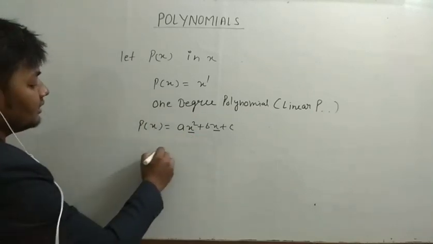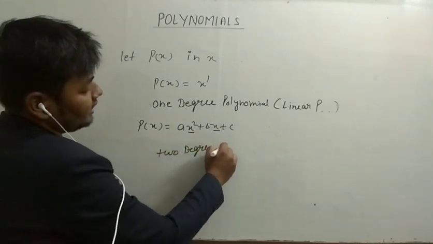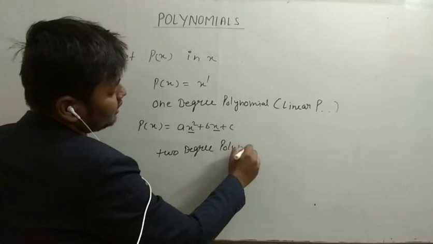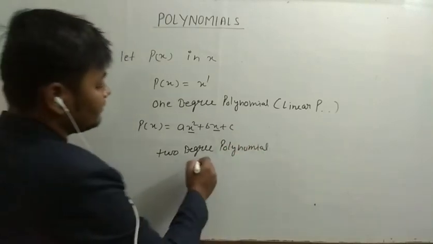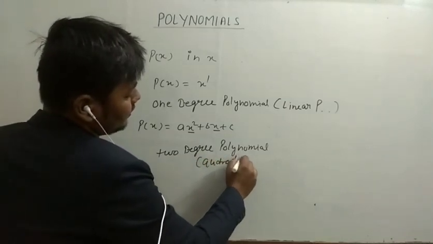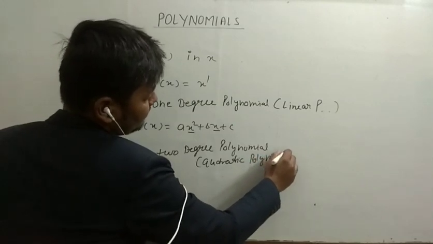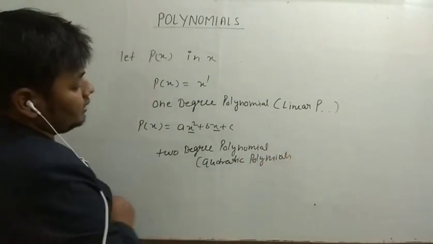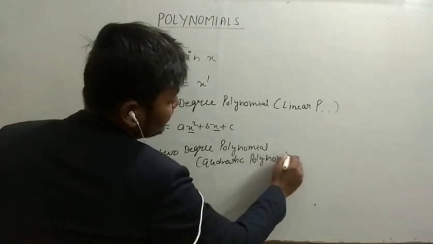So you can say this is a 2 degree polynomial. We can also call it a quadratic polynomial.